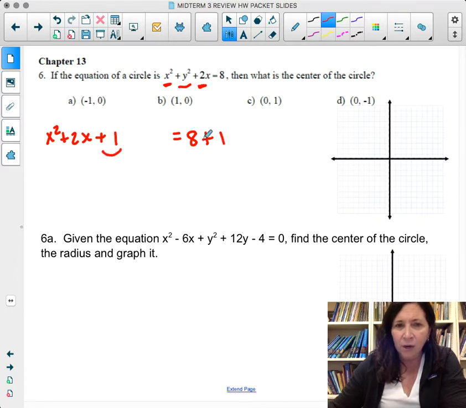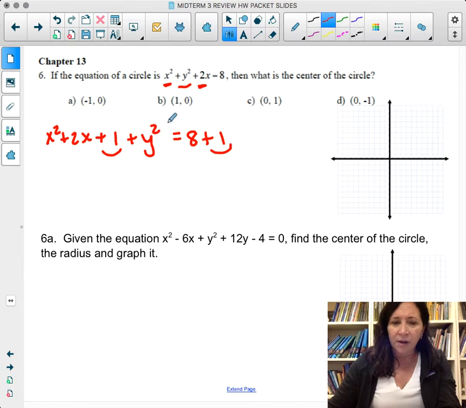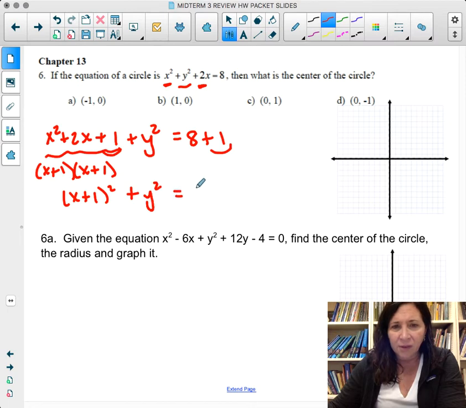So if I add 1 on this side, I am going to add 1 on this side. And I still have plus y squared, but I don't have a y to go with the y squared. So I still only have to complete the square one time with the x's. Now I'm going to factor, and this is going to be x plus 1 times x plus 1, which is the quantity x plus 1 squared, plus y squared is equal to 9.